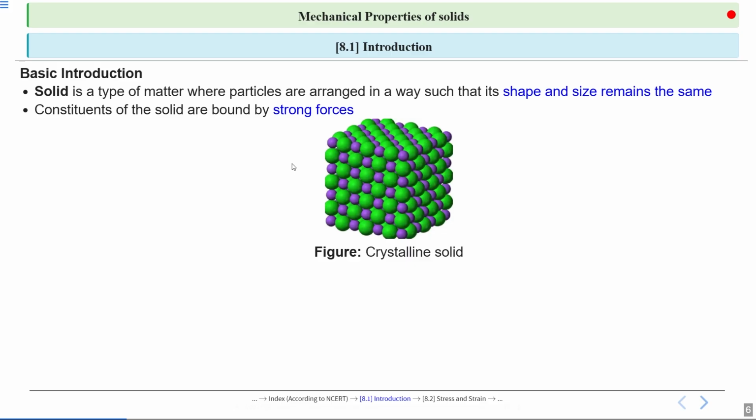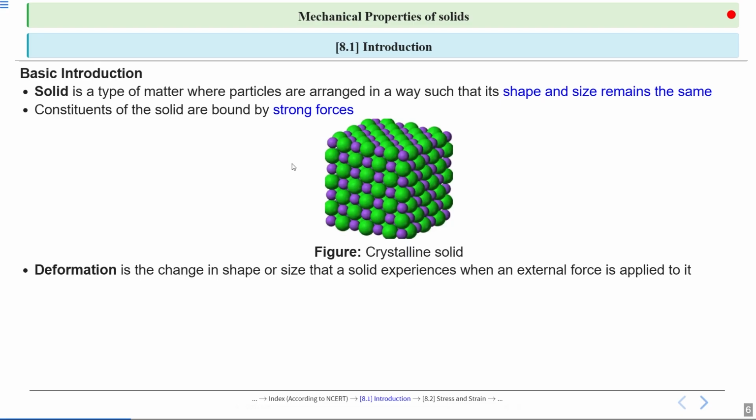or we can say crystalline solids have a highly ordered structure, which is a result of the strong forces binding their constituents. This order is what gives crystalline solids their distinct properties such as sharp melting points and clear geometric shape.